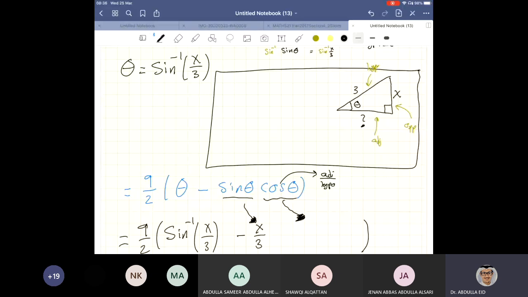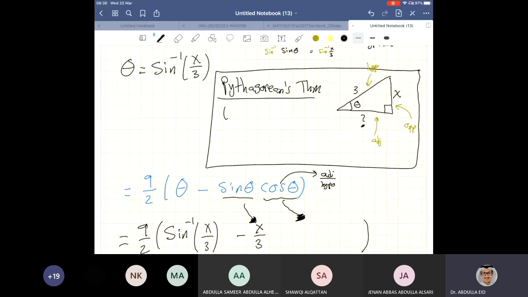How do we find the adjacent? Any suggestions? Any ideas? How can we find the adjacent? Pythagorean theorem. What is the Pythagorean theorem?